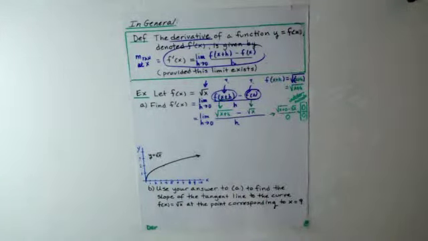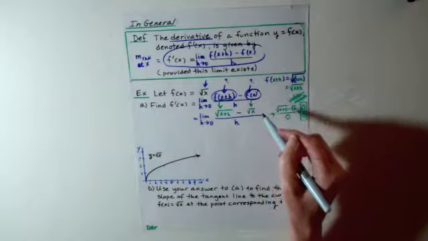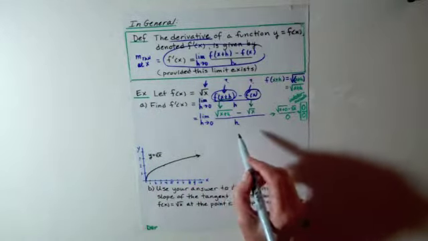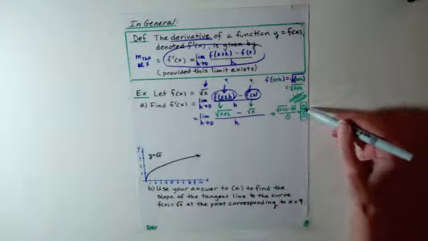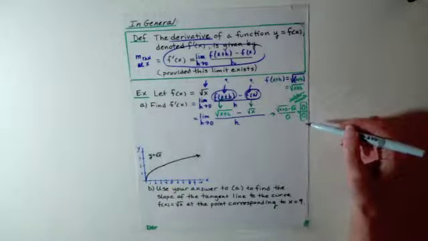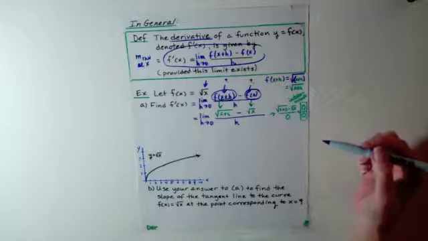So take a moment, pause the video, see if you can figure out how to get rid of these square roots in the numerator. And if you can, go ahead and start simplifying until you get to a point where you do not have a 0 over 0 indeterminate form, but where you can tell what the limit is by allowing h to go to 0.